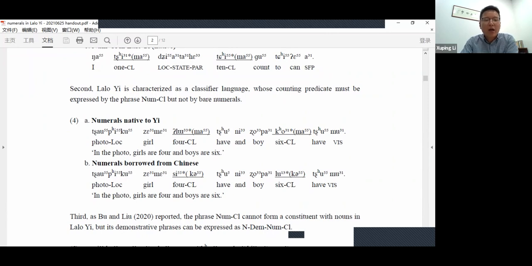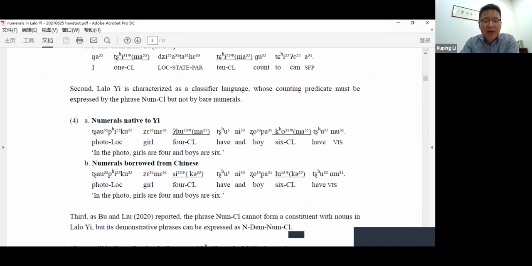In the photo, girls are 4, boys are 6. No matter which set of numerals is chosen, you must always use numeral plus classifier, but not bare numerals, which means neither the Chinese numerals nor the native numerals of Yi can be used as a predicate in their bare form.